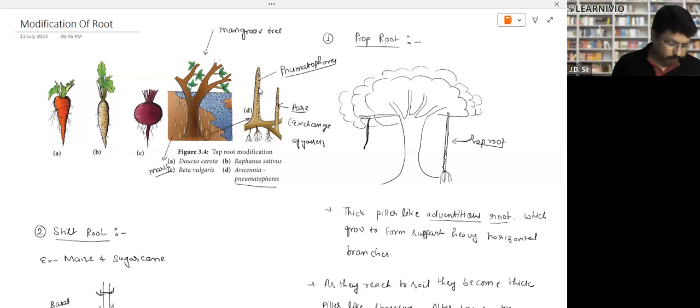You have to draw the nematophores. Please draw this diagram first. Quickly, easy. This is only the diagram of a nematophore.